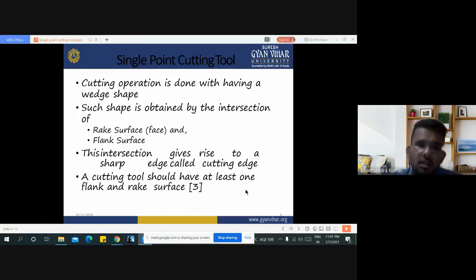A cutting tool should have at least one flank and a rake angle. If the cutting tool consists of one flank and the rake angle, then this gives an intersection, or one cutting edge, for cutting purposes.